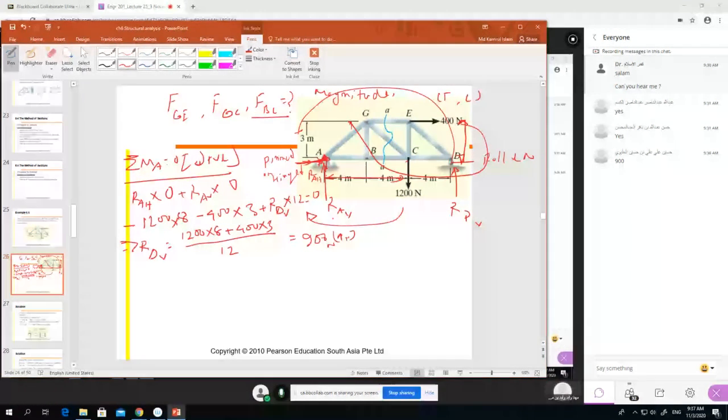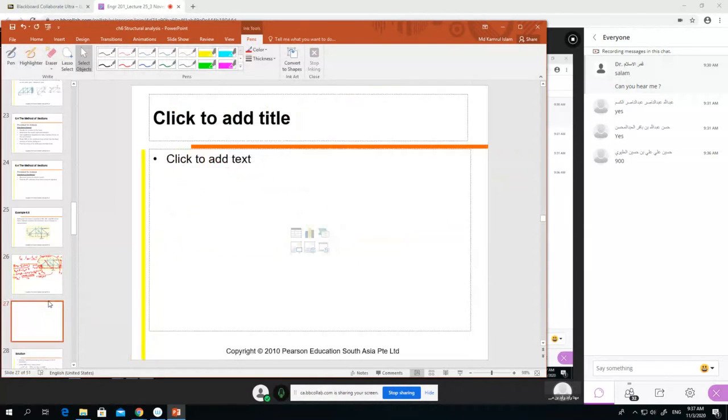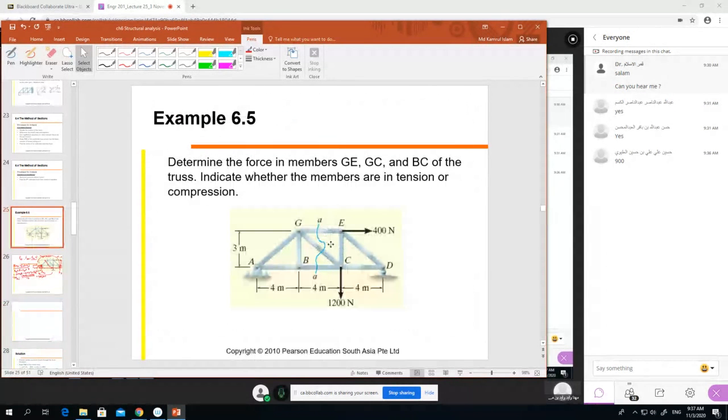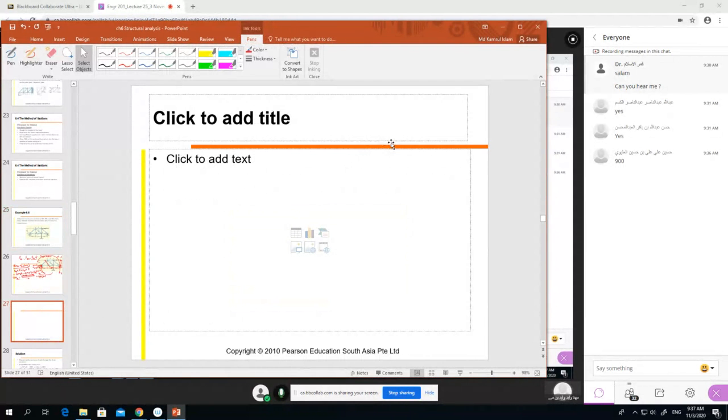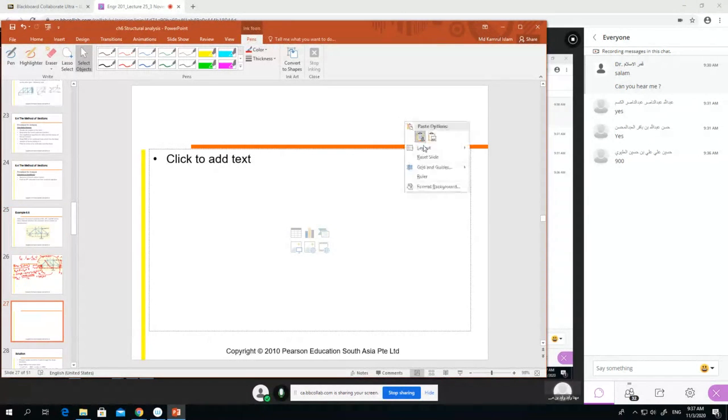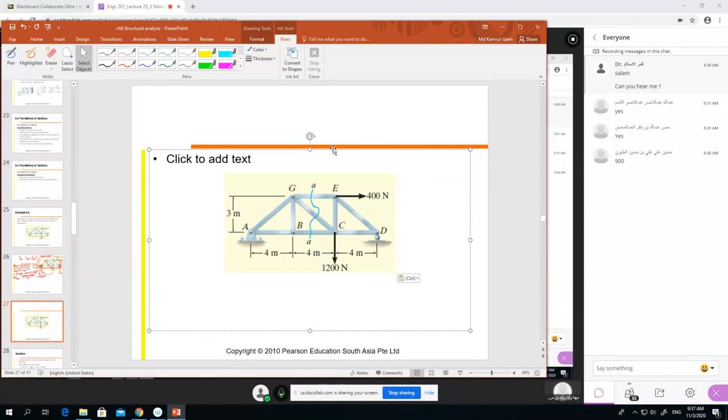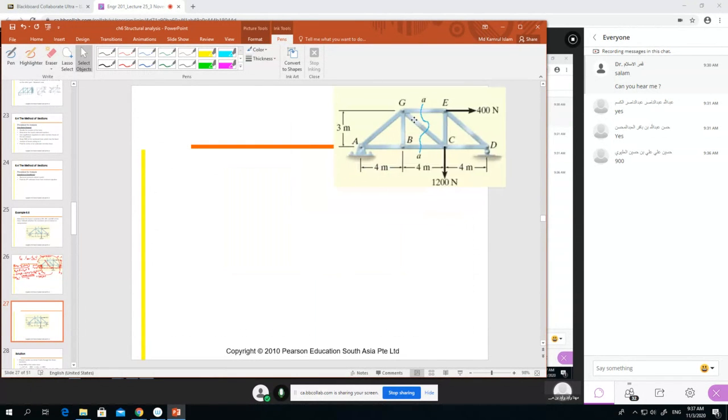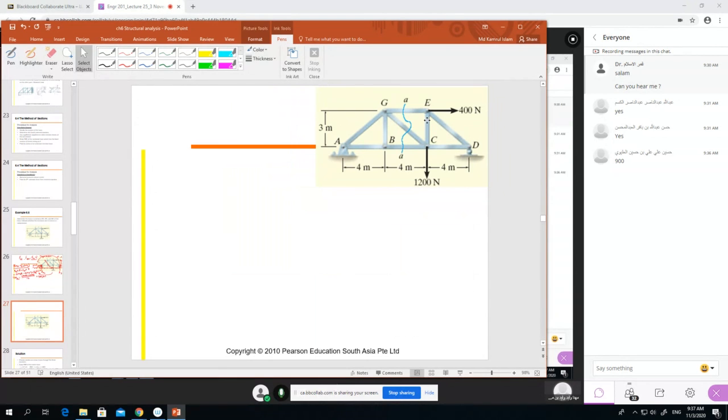If you remember, last class we said that we will cut the truss with a section. But where we cut, the technique is to cut in a section where we can get the maximum unknowns cut.